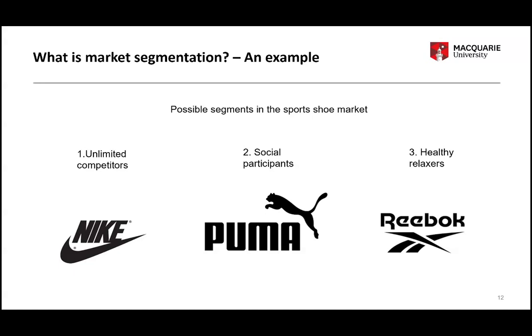Could be the social game of tennis, could be the social game of 10-pin bowling, etc. And Puma might have repositioned its brand away from Nike and Adidas to target this particular group of consumers by offering a value proposition that was more around the social participant, the joy of sport, having joy in sport as part of everyday life, where things like comfort and fashion credentials became important to this brand.